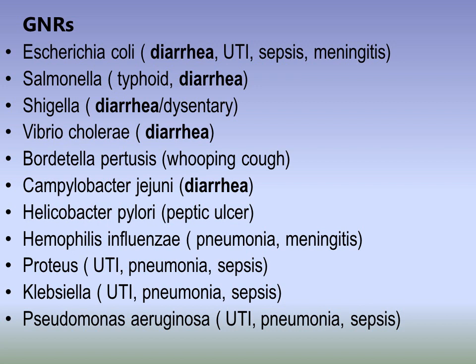Then we have Proteus, again responsible for urinary tract infections, sometimes pneumonia and sepsis. Klebsiella, the same picture: UTI, pneumonia and sepsis. Pseudomonas aeruginosa is again responsible for UTI, pneumonia and sepsis.